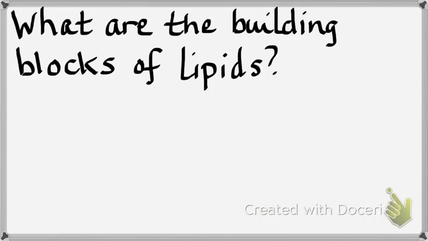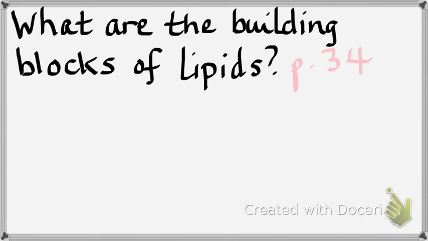Okay. What are the building blocks of lipids? Well, lipids are over a couple pages. Page 34. We'll look at page 34 for lipids. What are the building blocks of lipids? Everybody take a look at page 34. You on page 34?